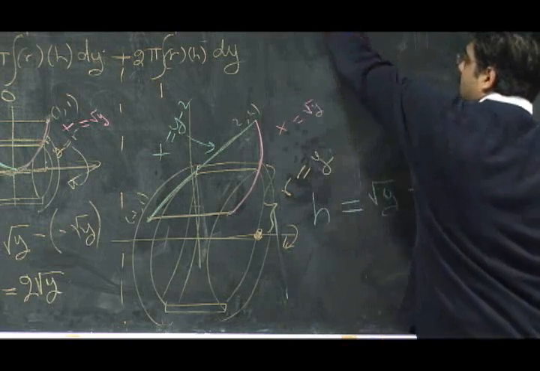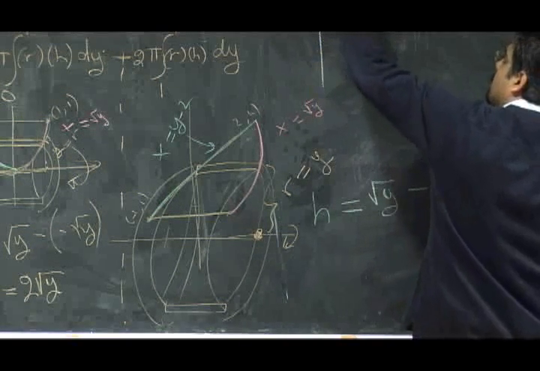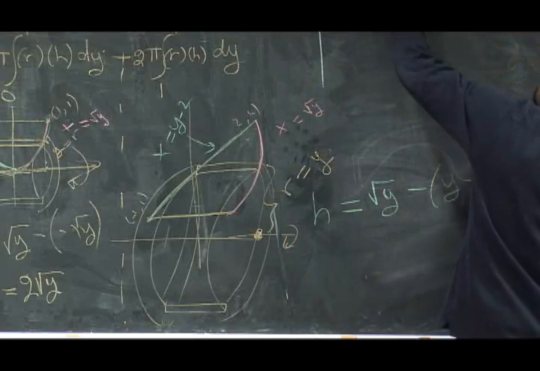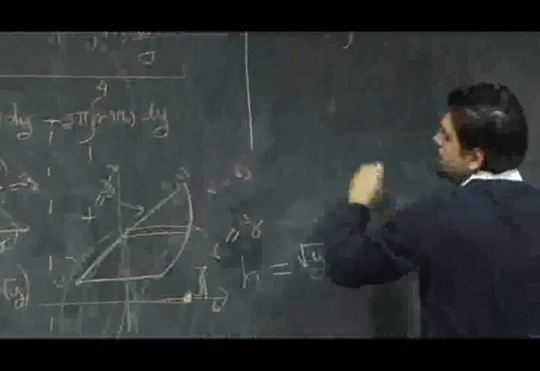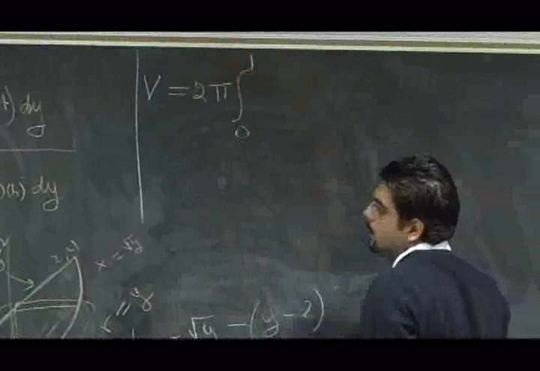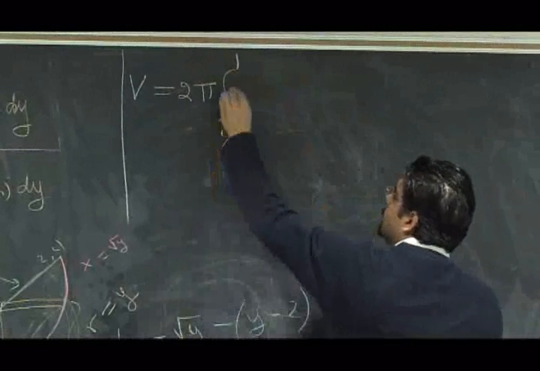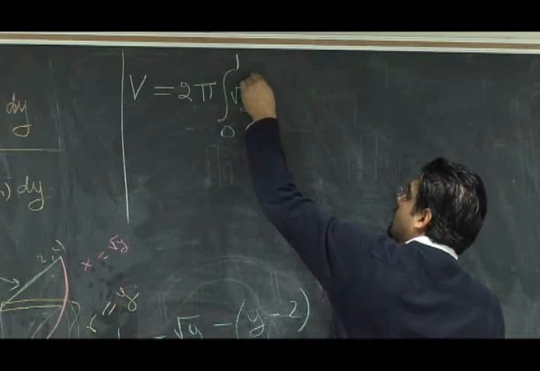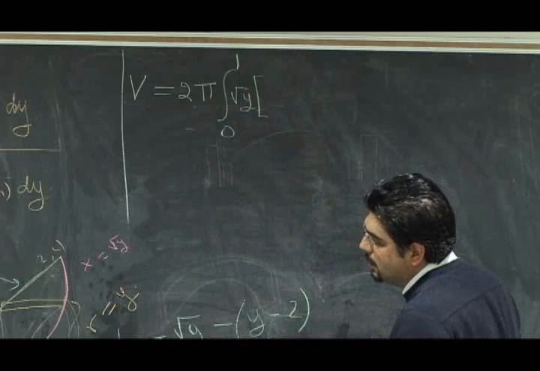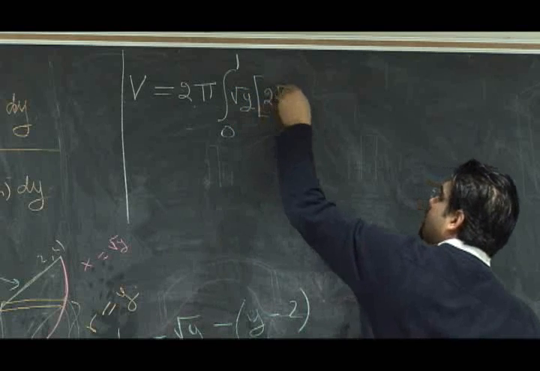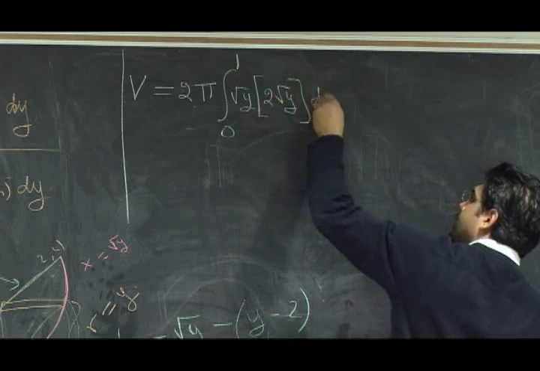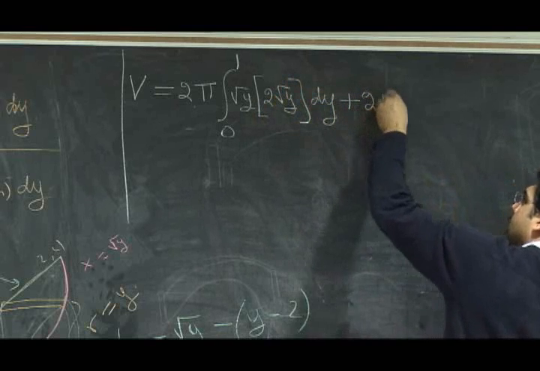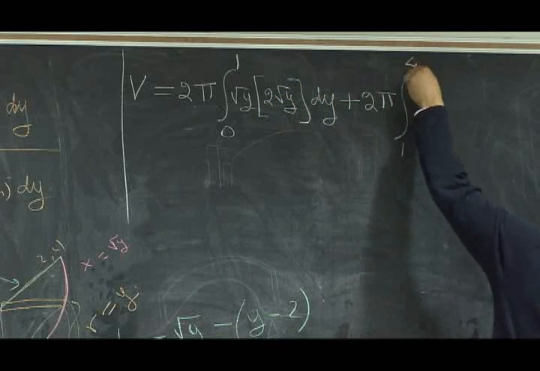Okay, so let's put everything together then. So the volume equals 2 pi integral from 0 to 1. The radius is square root of y. The height is 2 square root of y dy, plus 2 pi integral from 1 to 4.